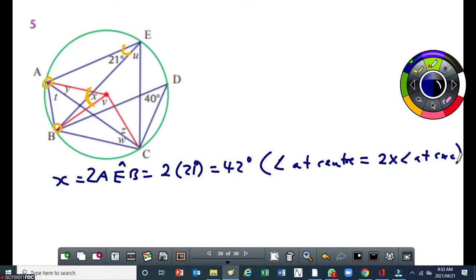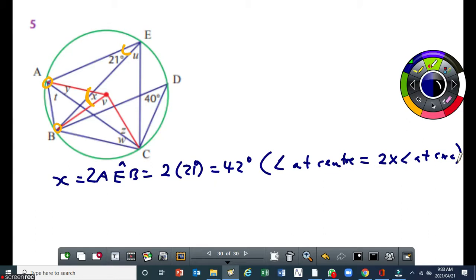Alright. So X and then Y. We now need to find Y. To find Y, it will be better to identify a triangle and use the fact that the sum of angles in a triangle add up to what?